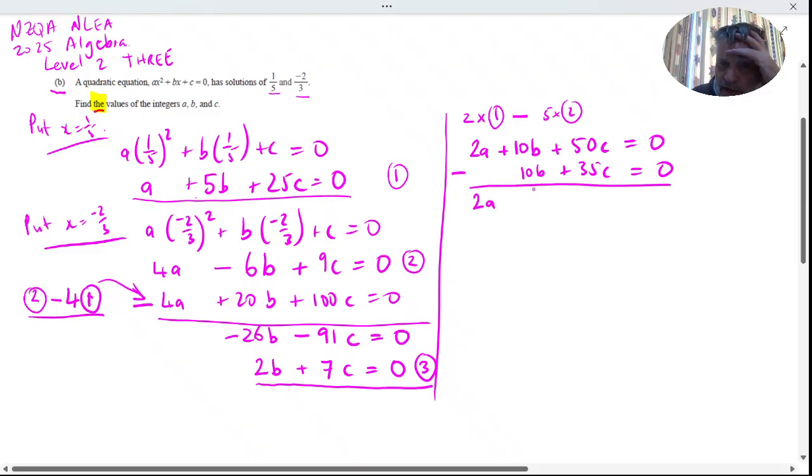We're left with 2a there. The b's will eliminate, and plus 15c equals 0.